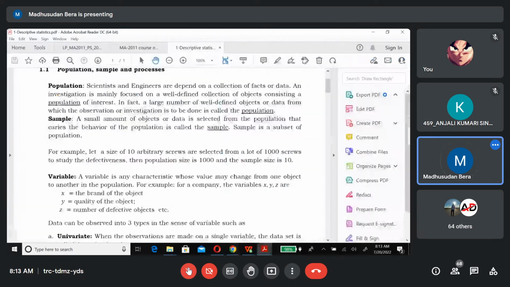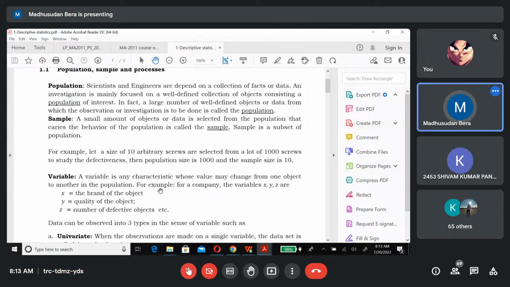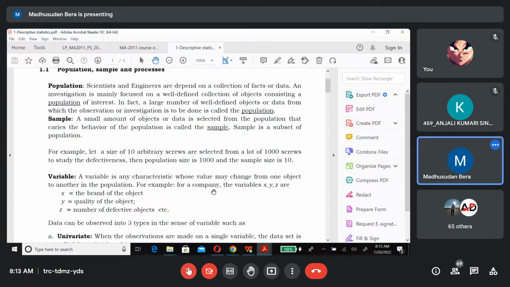See here, a variable is any characteristic whose value may change from one object to another in the population. For a company, variables X, Y, Z: X is the brand of the object, Y is the quality of the object, Z is the number of defective objects. So that way we can define variables.